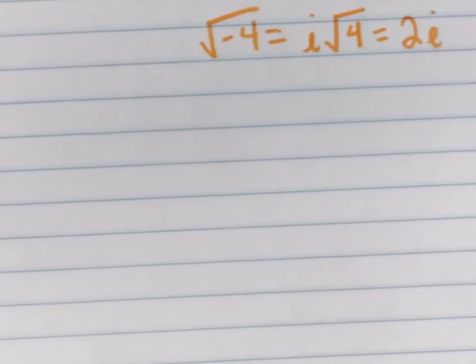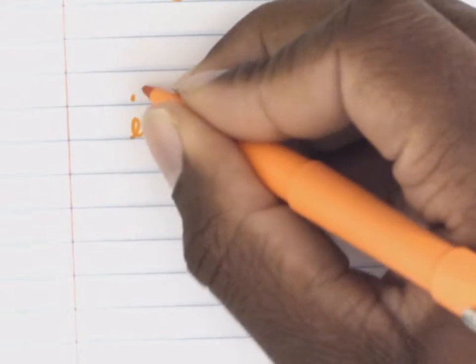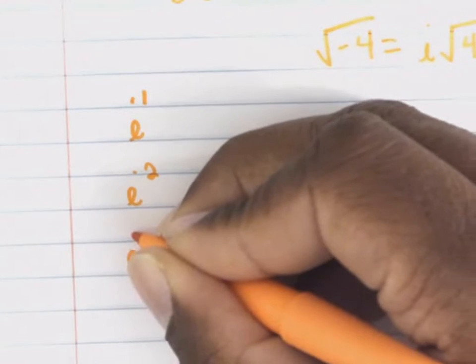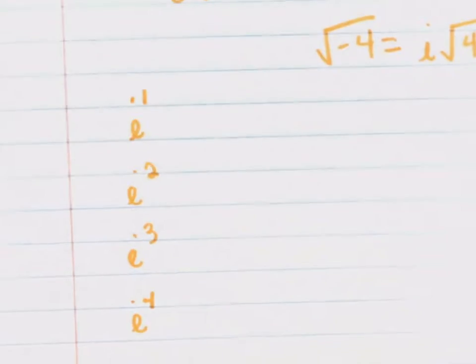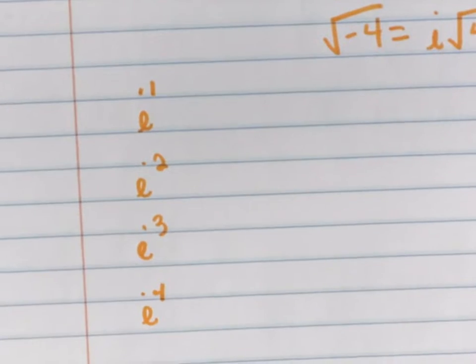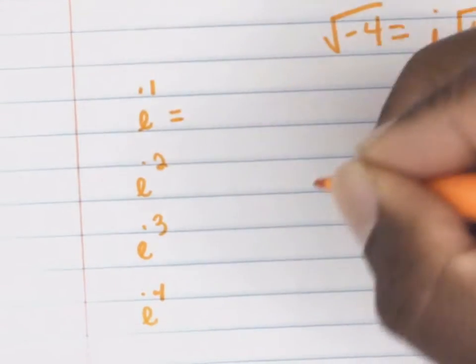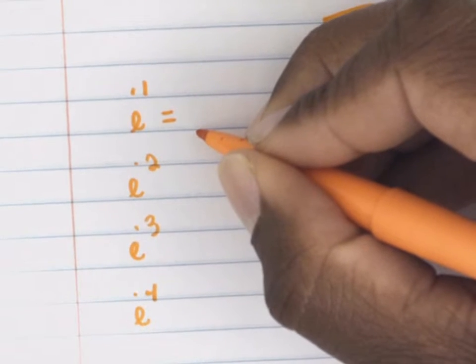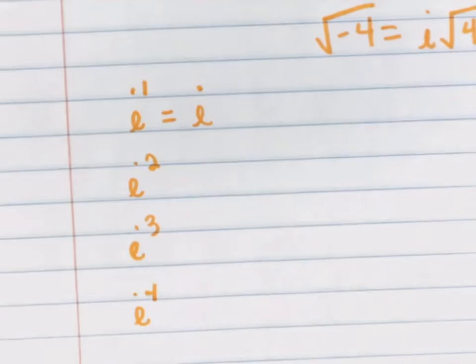You have these rules with imaginary numbers where you have I to the first power, I to the second power, I cubed, I to the fourth. Anybody remember what these equal? Okay.